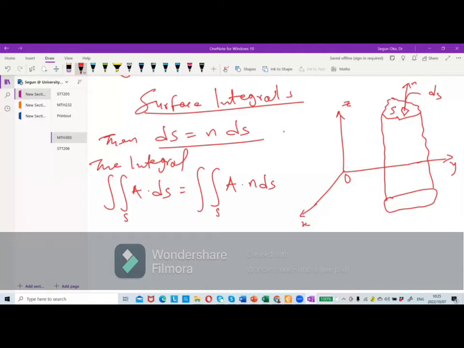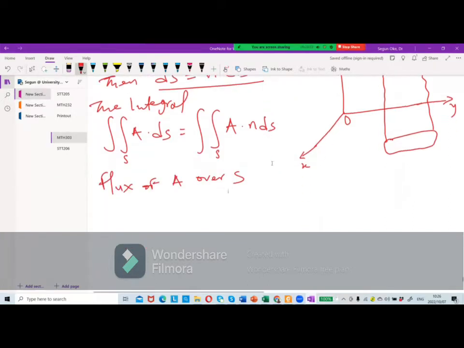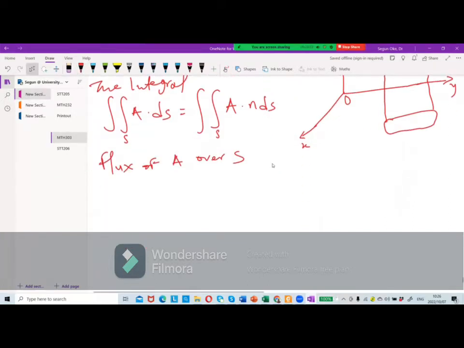The example of surface integral is called the flux of A over S. Flux, in this spelling, is called the flux of A over S.